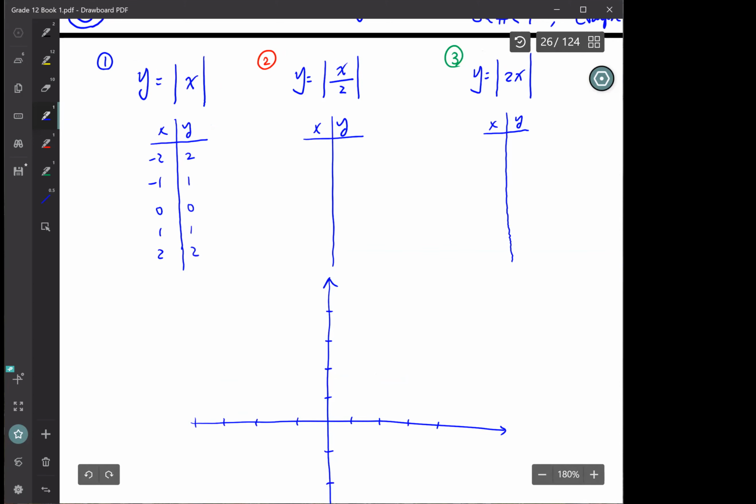Yes. Okay, so we just follow those points. I'm going to draw with blue for the first graph: negative 2, 2; negative 1, 1; 0, 0; 1, 1; 2, 2. And then we connect, so it looks like a V shape.